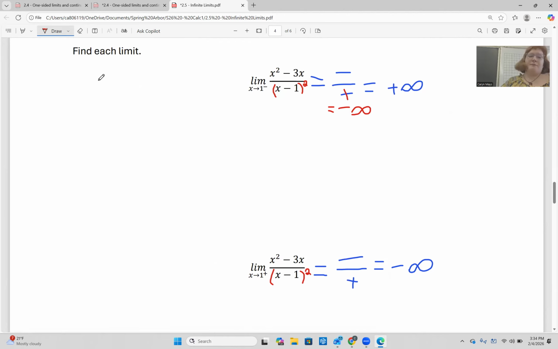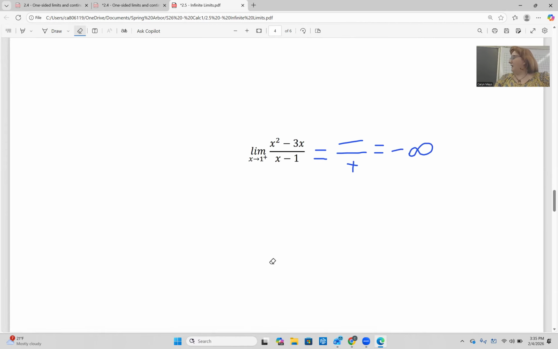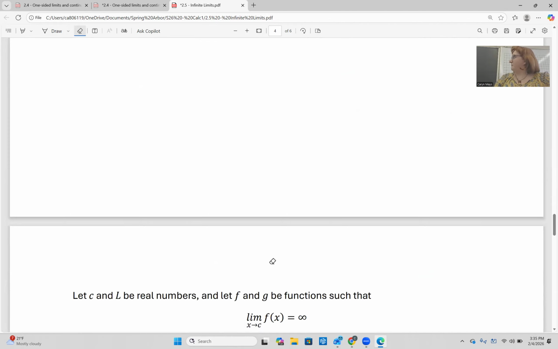That limit stays the same. So it's not always that one's going to go one way and the other's going to go the other. They do go the same direction. We've seen examples of that already today, but it's about paying attention to not always one direction and the other. It's looking at their sign, big picture.